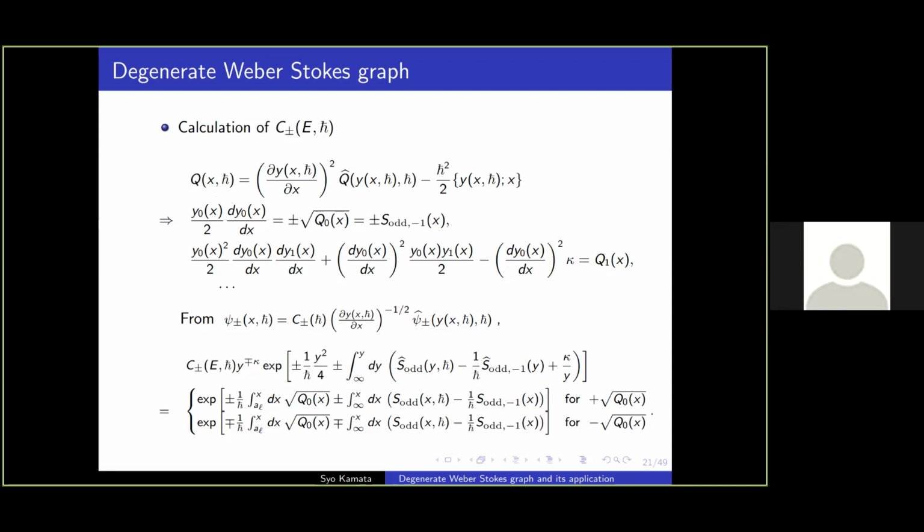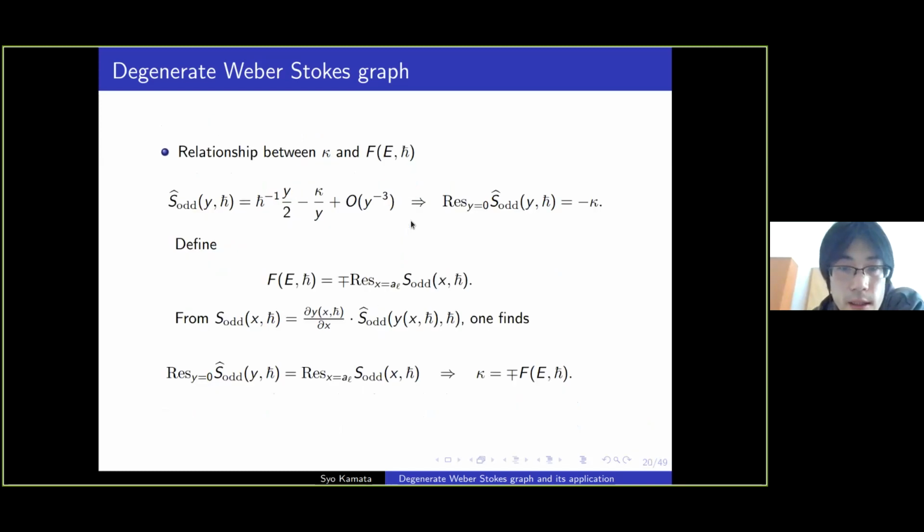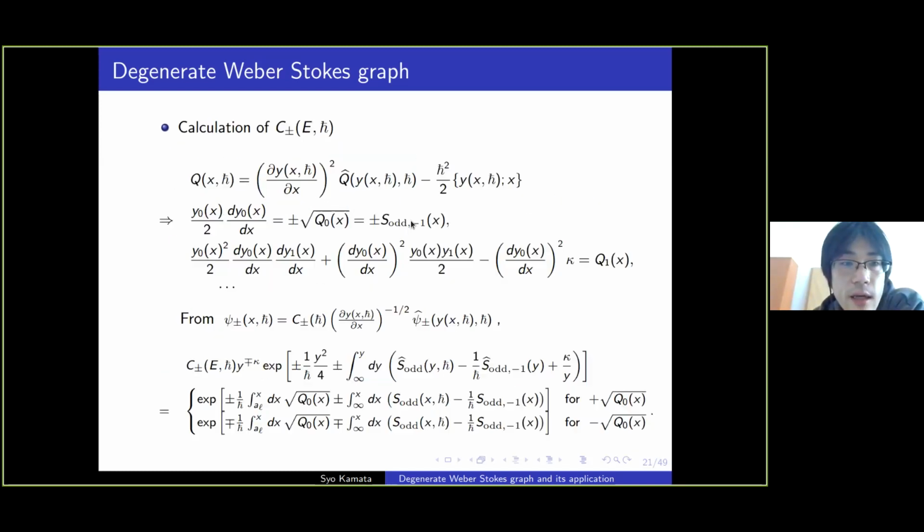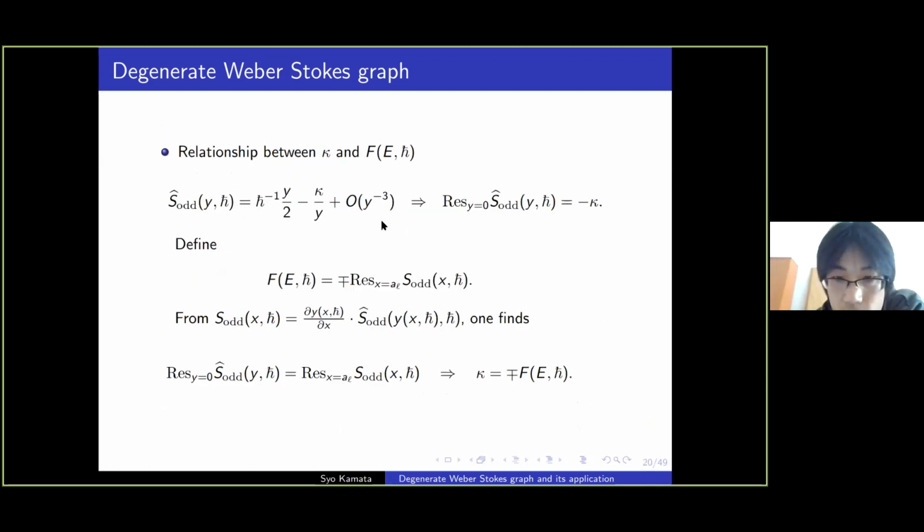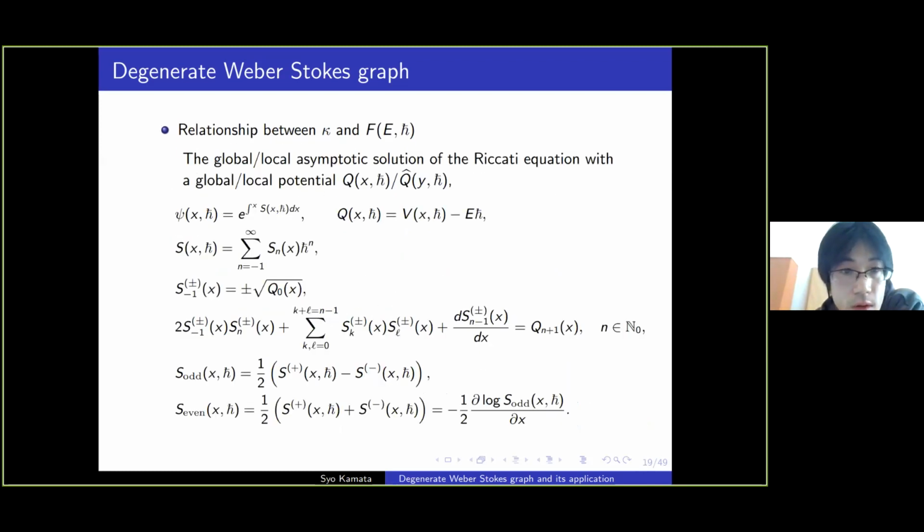Sorry, can you remind me what S odd minus 1 is? S odd here? Ah, yes. This is the leading term of S odd. So, wait, maybe it's better to go here. So this is minus 1. So this guy is S odd if n equals minus 1.